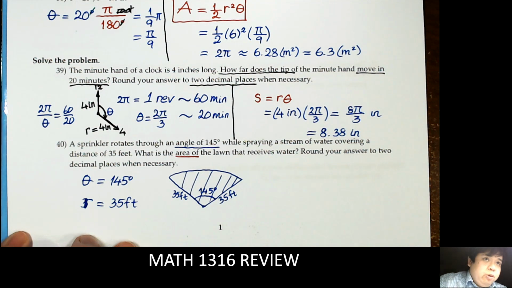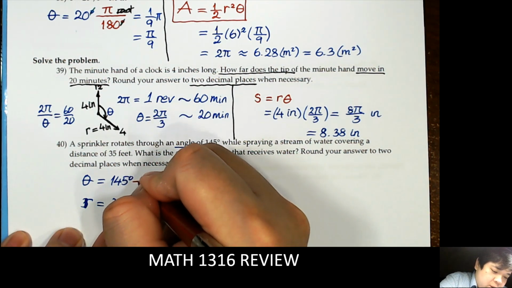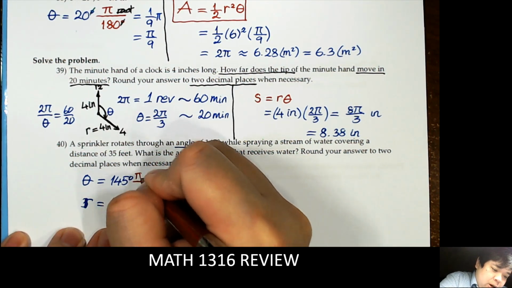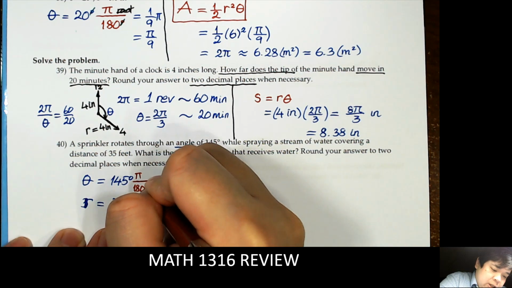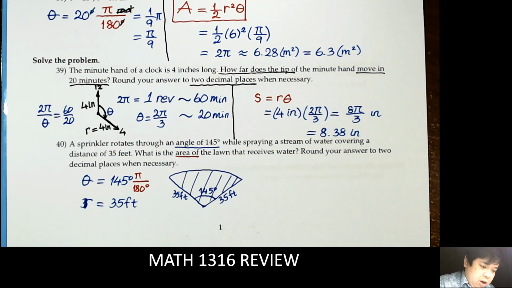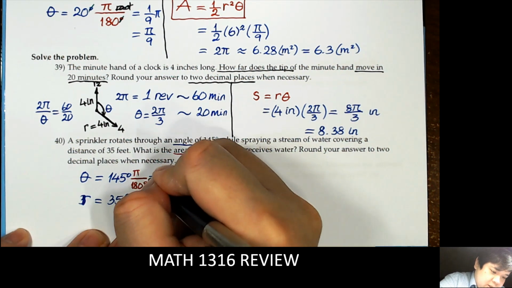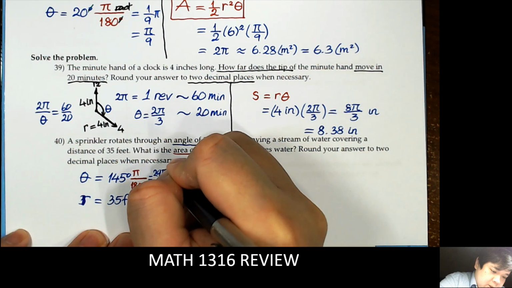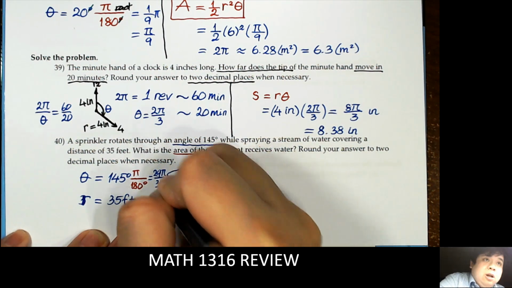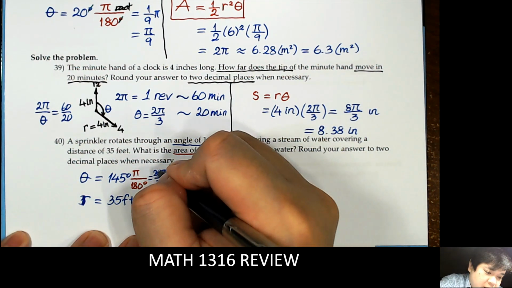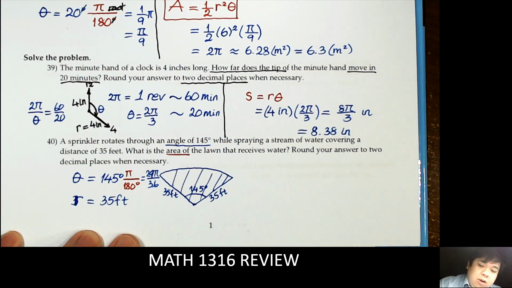Right. So first 145 degrees, let's convert that to radian. Pi over 180. So 145 divided by 180, 29 over 36. 29 pi over 36. Right.